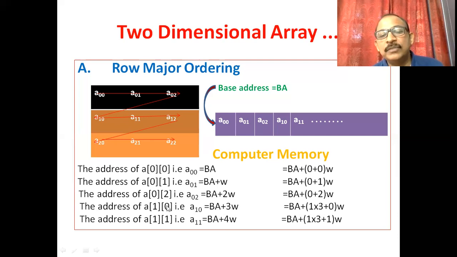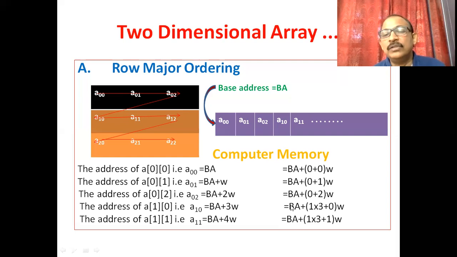Here the column subscript is 0, and for A12 the column subscript is 2. The row subscript is 0 and the column is 1 for A01. Now in this case, if the row subscript is 1, you have to multiply 1 by 3. And what is the 3? 3 is the number of elements in the columns: 1, 2 and 3.